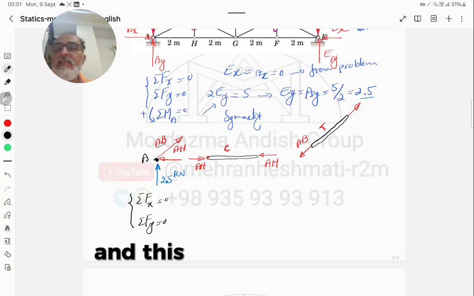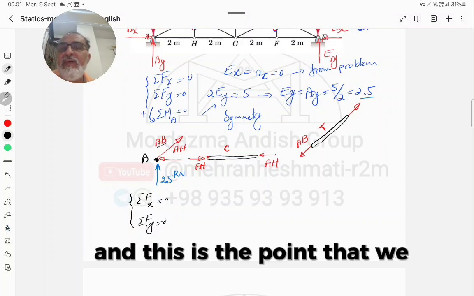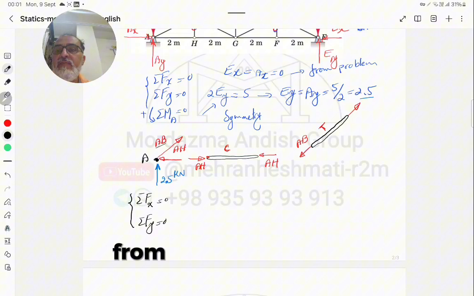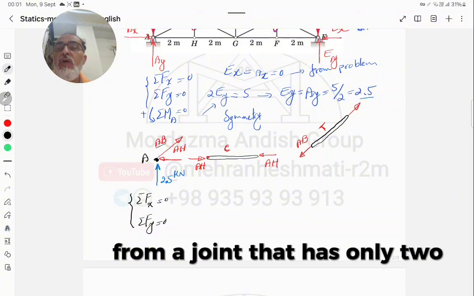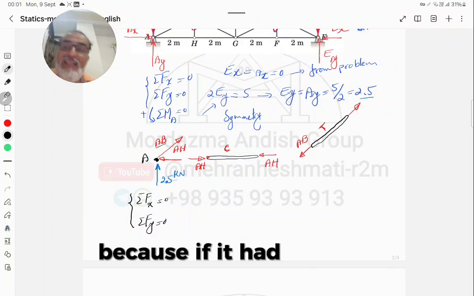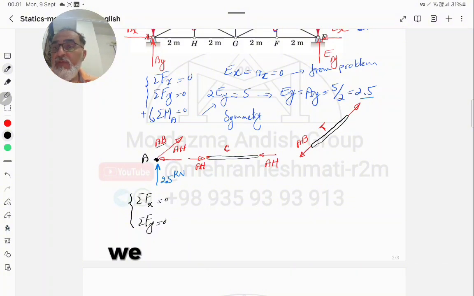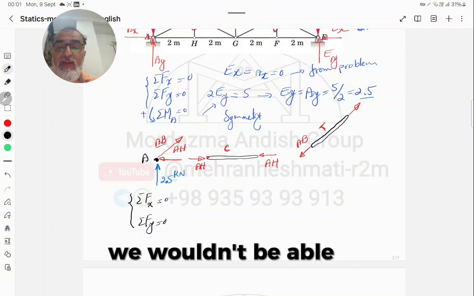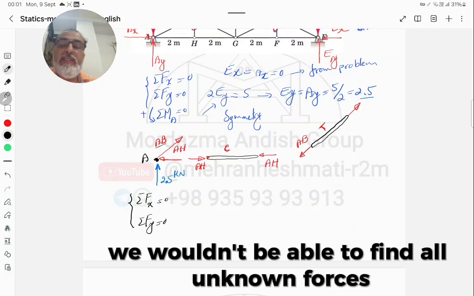And this is the point that we have to start from a joint that has only two unknown forces. Because if it had three unknown forces or more, we wouldn't be able to find all unknown forces.